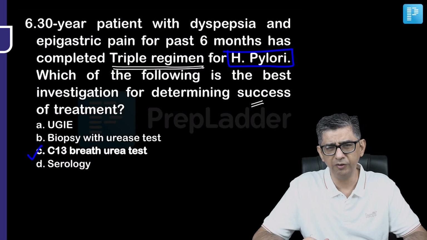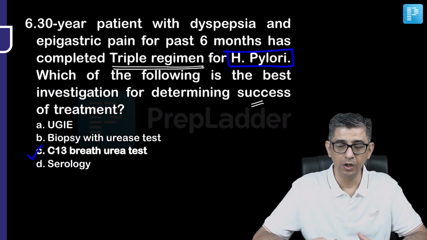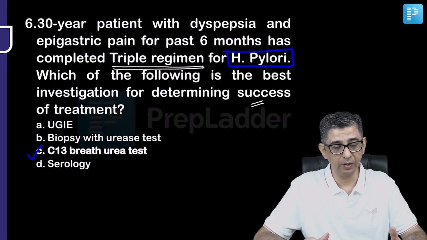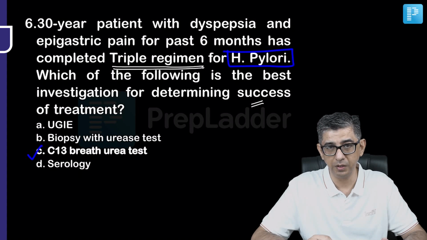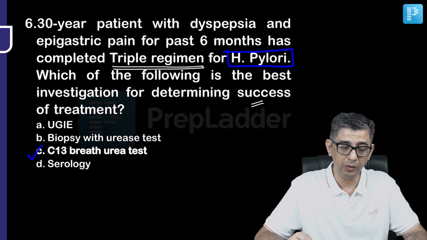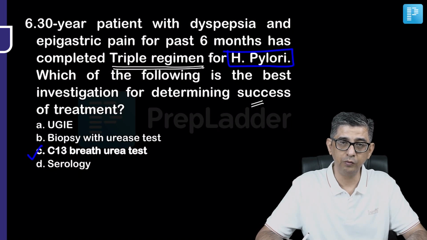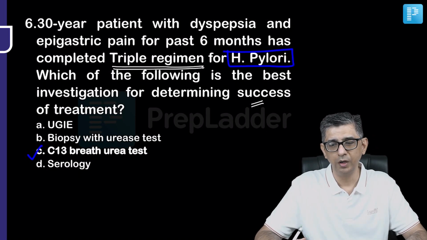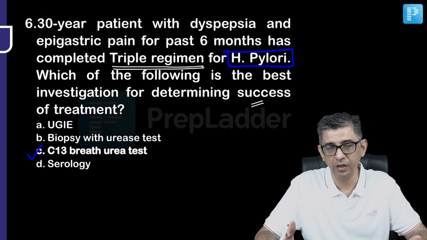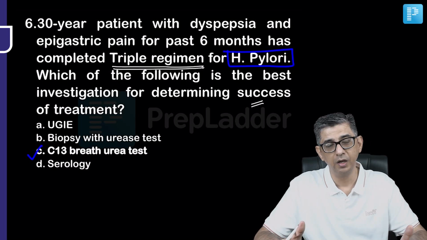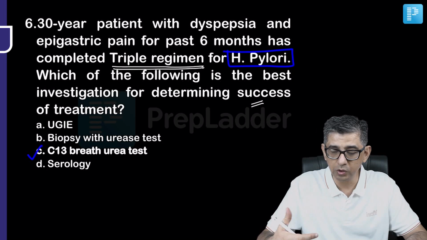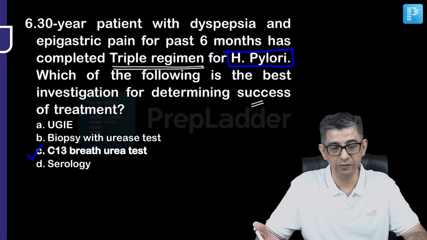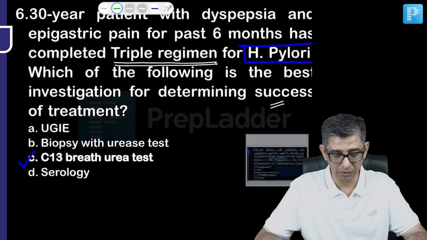Forget about the cost, the cost of local anesthesia, and the risks that could be present in a patient when you are giving propofol, like aspiration, etc. The point is, the person will usually not give consent to getting two endoscopies done within a gap of, let me say, 1 to 2 months. Most of the patients would be more comfortable with a non-invasive investigation.